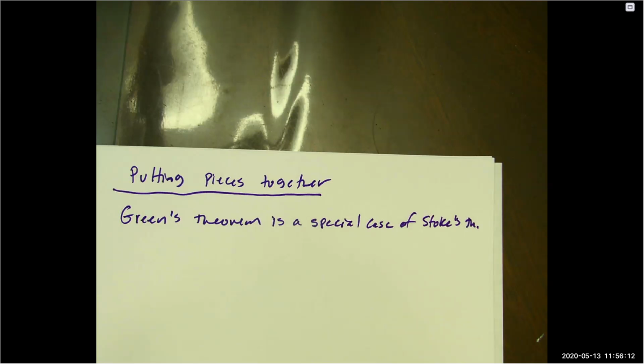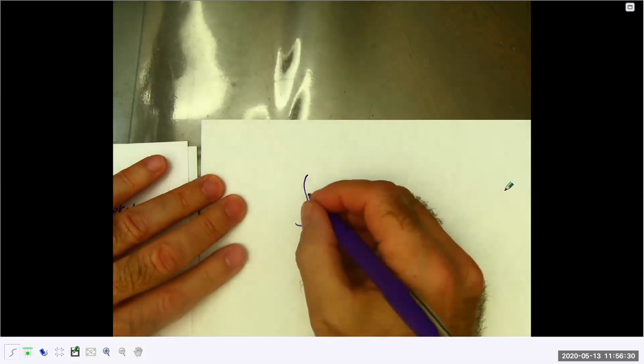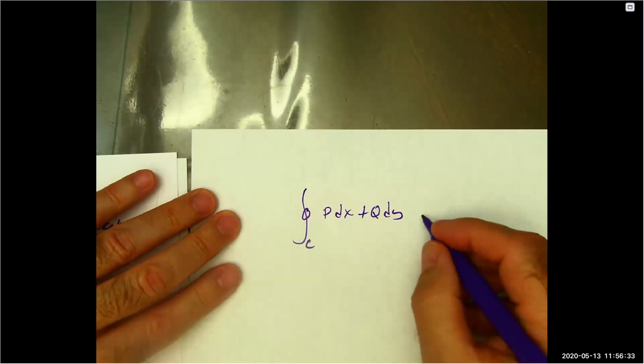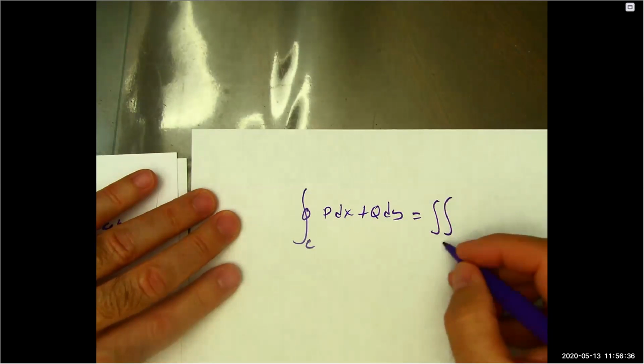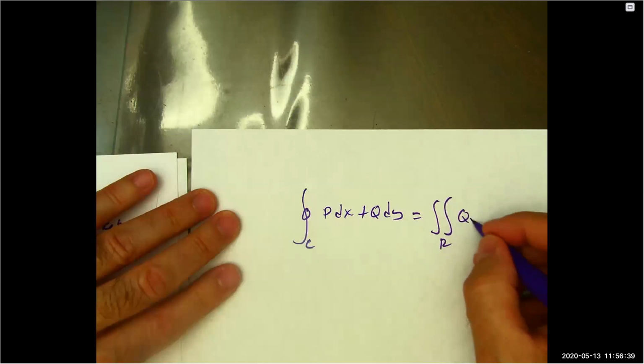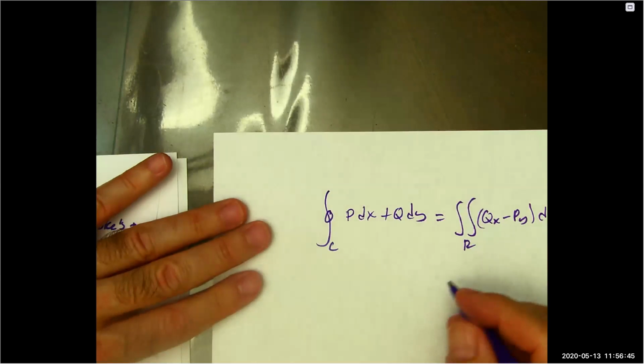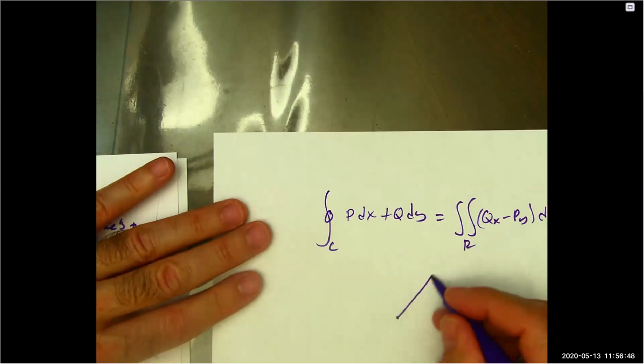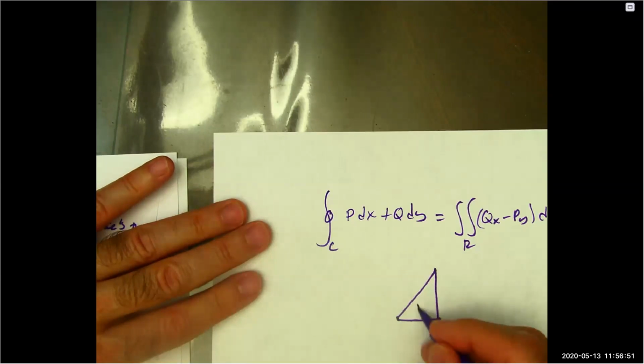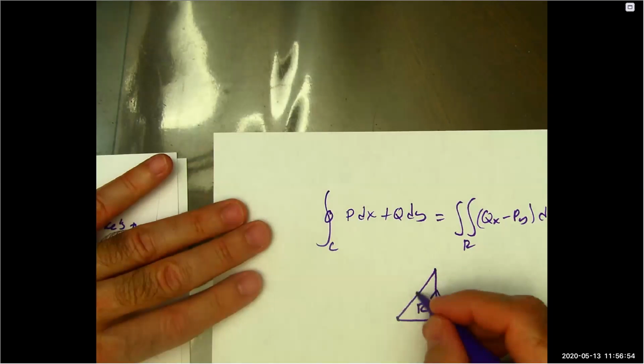What Green's theorem said was that if we had a closed curve, then this could be written as a double integral over R of Qx minus Py dA, where maybe your R could be like that, and then your C was like this.